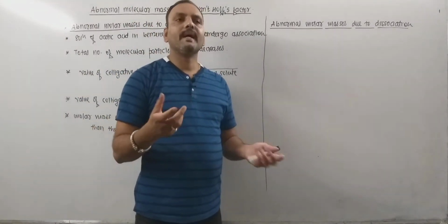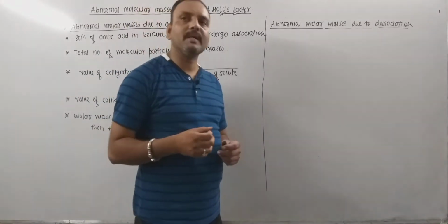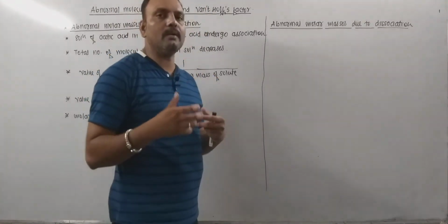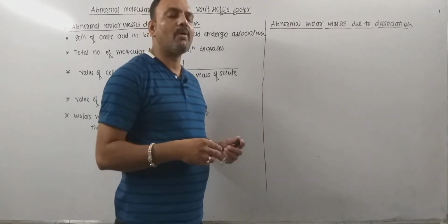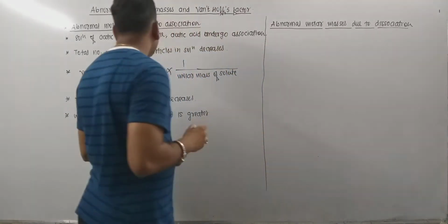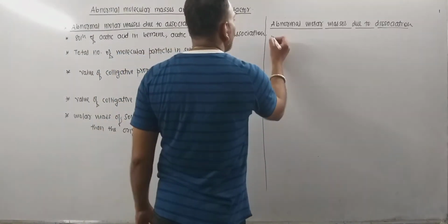We know very well that ionic solutes undergo dissociation in polar solvents. Due to dissociation, what happens? Number of particles doubles or triples depending upon the added solute. I mean the molecular particles in solution increase due to dissociation.